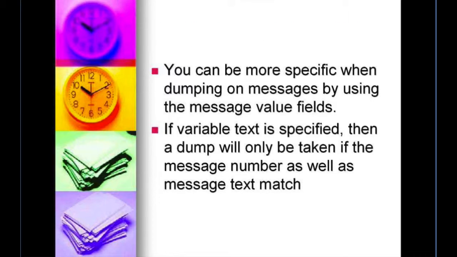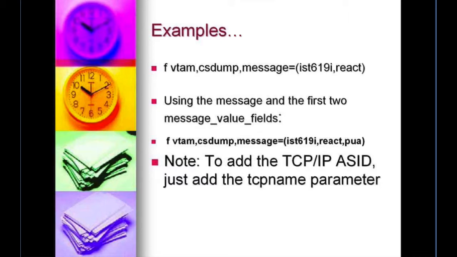You can be more specific when dumping on messages by using the message value fields. If variable text is specified, then a dump will only be taken if the message number as well as the message text match. Examples: F space VTAM, CSDUMP, message equal left paren IST619I, REACT, right paren.